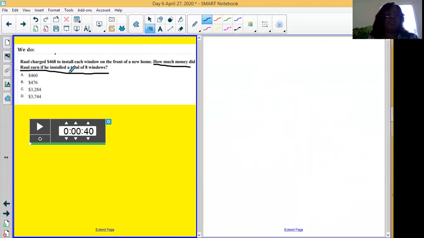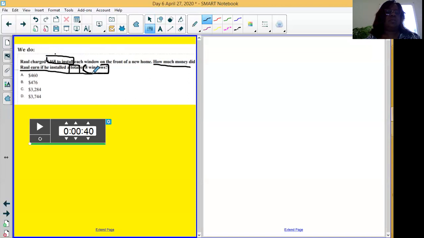Here again, I see that word total. So I know I'm either going to add or I'm going to multiply. Let's go into our question and to our problem and see what's given. Raw charged $468 to install each window, and he had a total of 8 windows that he installed.